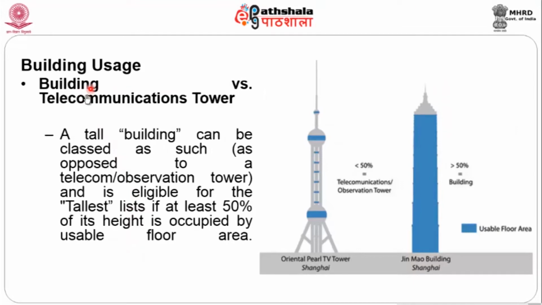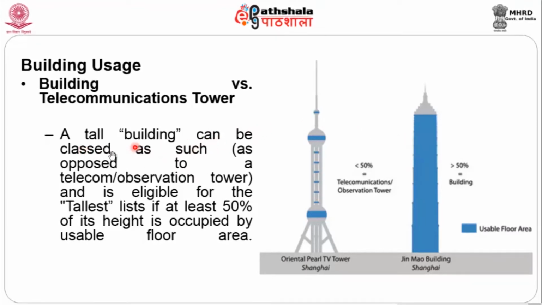Depending on building usage, building versus a telecommunication tower. Sometimes telecommunication towers are considered as tall structures, whereas in some studies only buildings with occupancies are considered as tall structures.